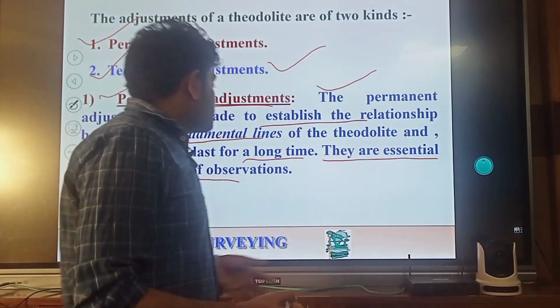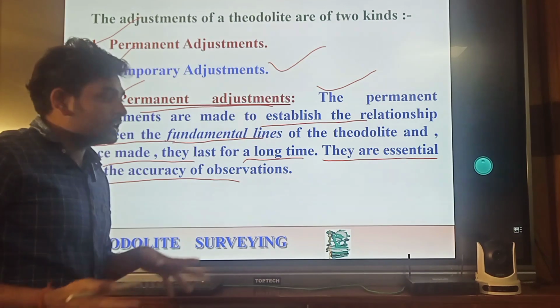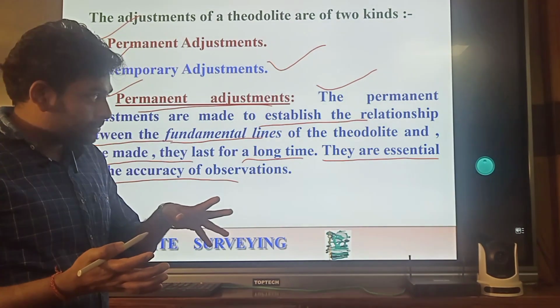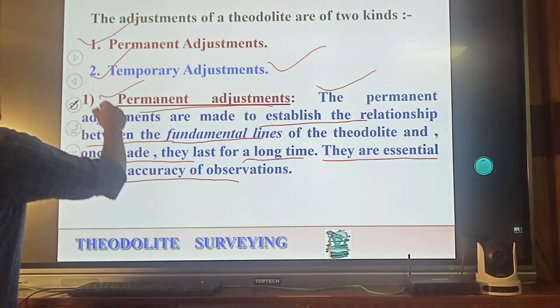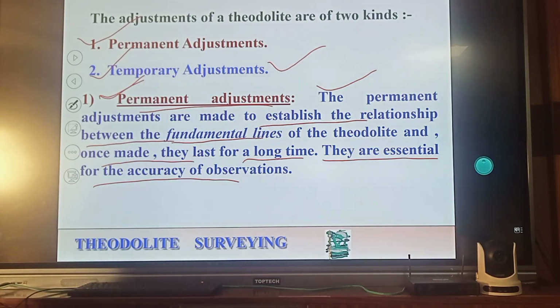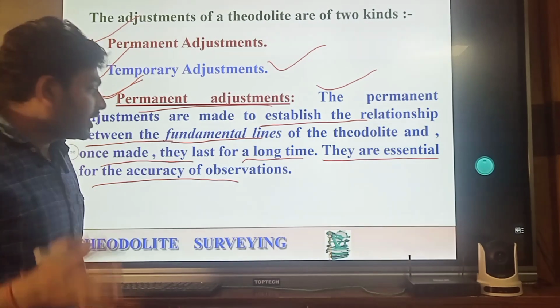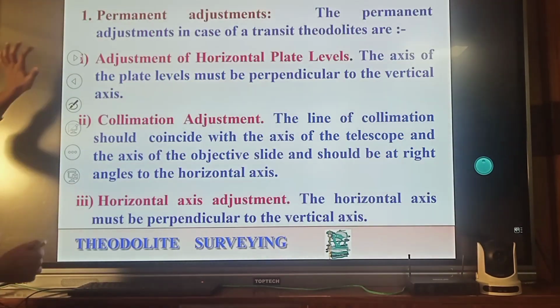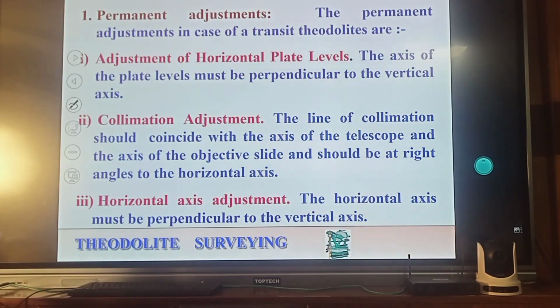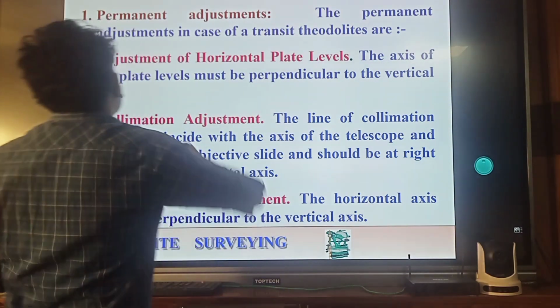When we see any fault, in case we use the temporary adjustment for a long time, we check the accuracy. These are the steps for permanent adjustment.